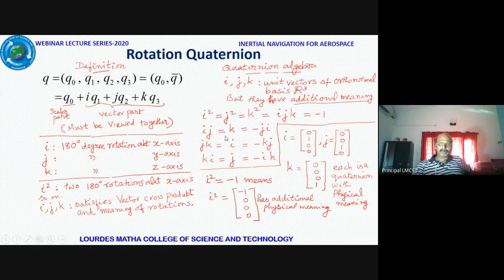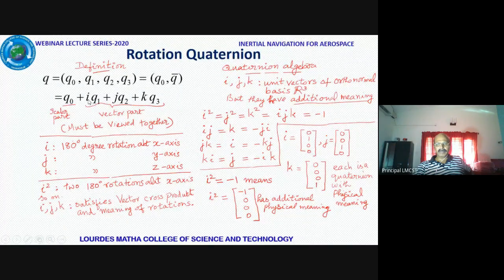Now, when I say i, in the 4-element form, it takes the second position. Usually when you say i, we tend to leave all other elements and tell only about i. But really speaking, when I say i, it is actually 0, 1, 0, 0.